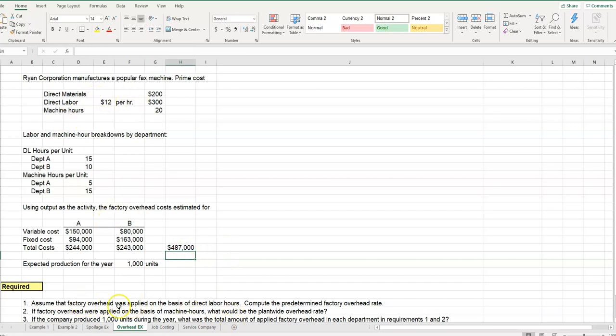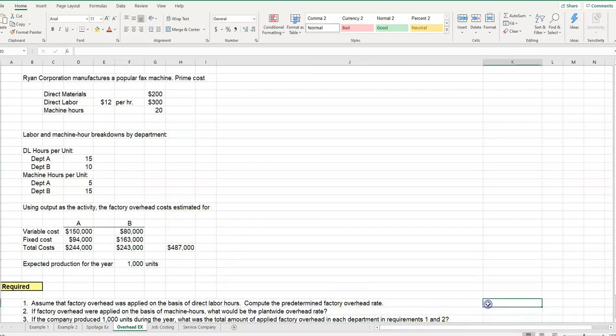If we allocate on the basis of direct labor hours, we see that we use 25 labor hours per unit, 15 in Department A and 10 in Department B, 25 total. We're expected to produce 1,000 units for the year.